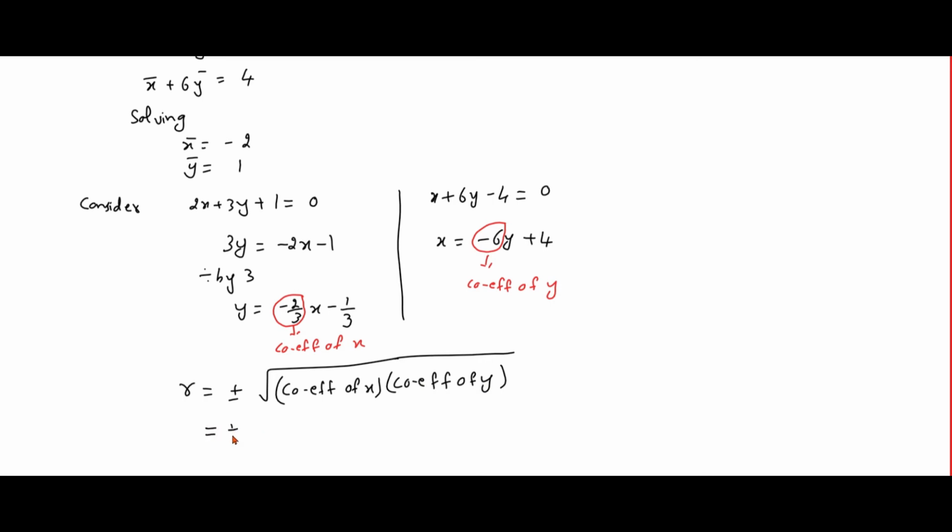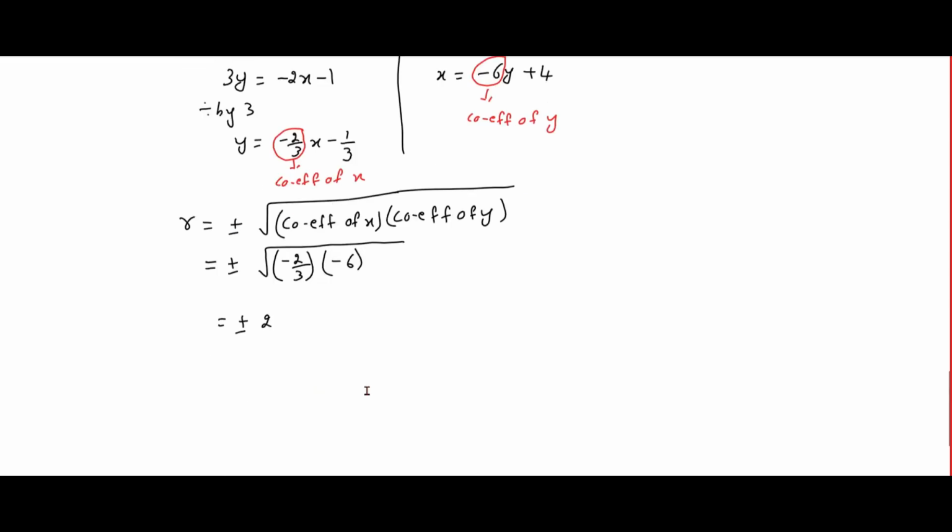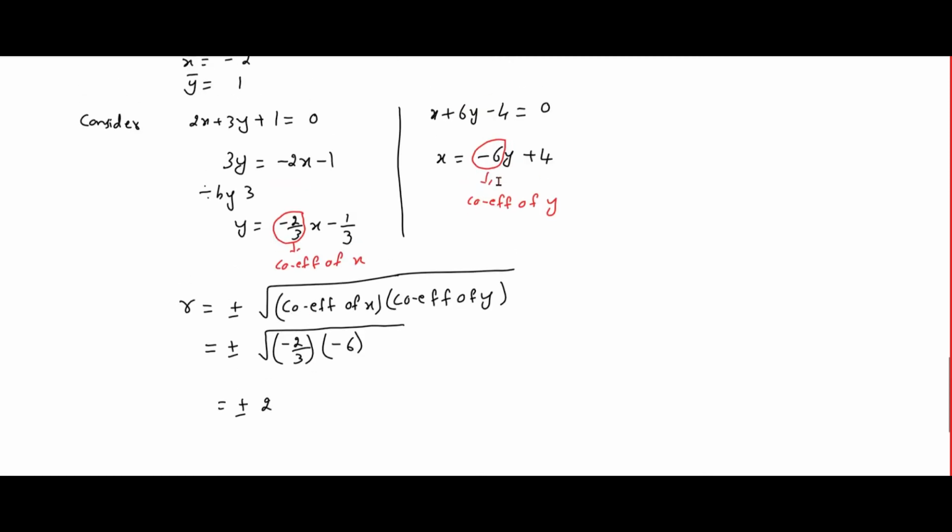This equals plus or minus the square root of the coefficient of x, which is minus 2 by 3, times the coefficient of y, which is minus 6. This cancels out, and you get the square root of 4, which is 2. Now what should be the value of r? Where the value of r is greater than 1 or beyond minus 1, in that case you have to just interchange the way that you have written the equation.